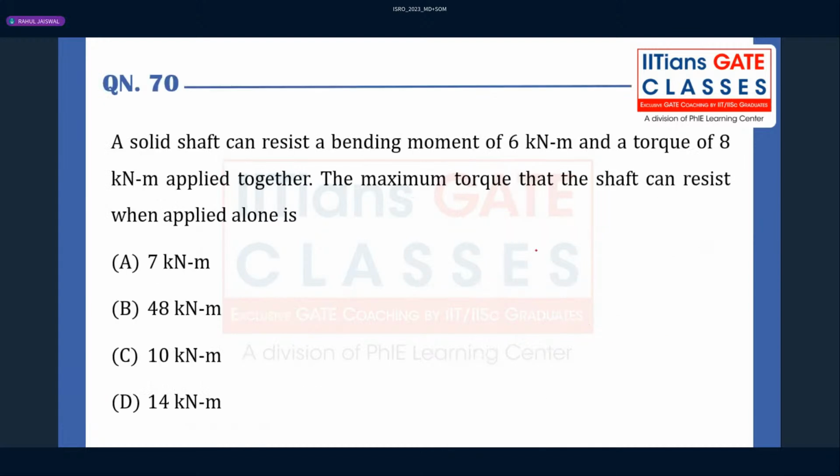Note down the next question. First of all, observe very carefully, read the problem, and try to make a habit of reading the question. All the lines of the question have to be read clearly.